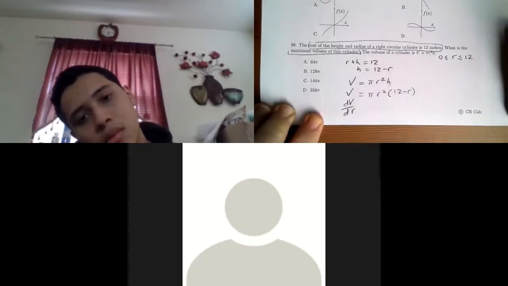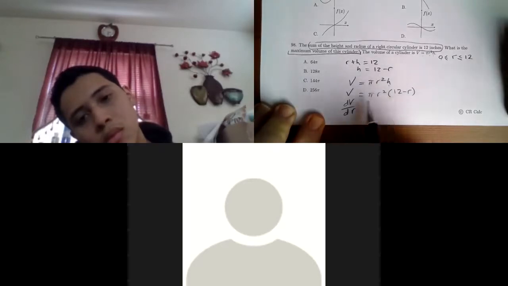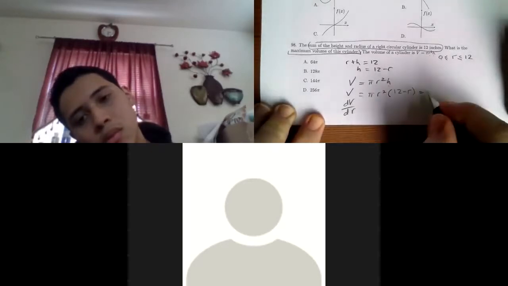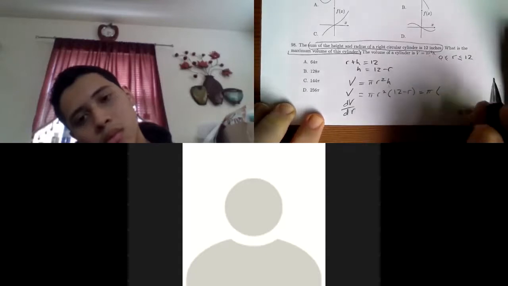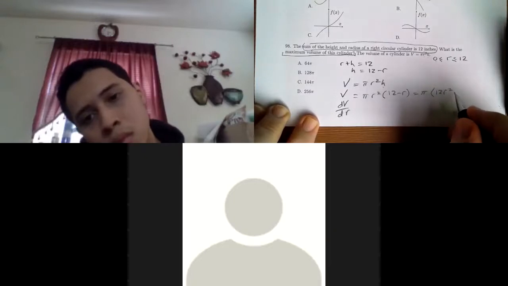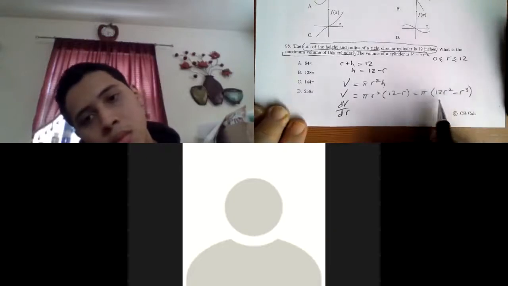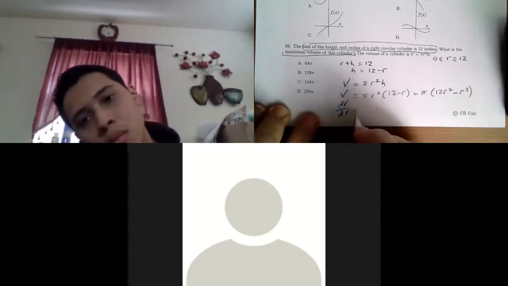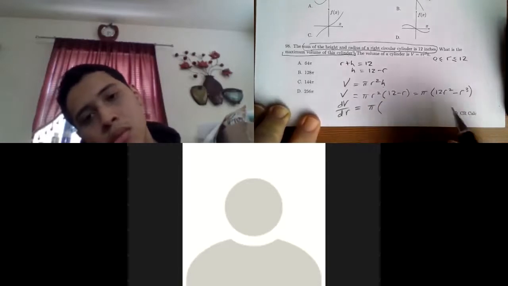We've got to take the derivative of this with respect to r, but I don't want to use the product rule, so let me distribute. I'll leave the constant outside because we know how to deal with that multiplication. It's a little bit easier to differentiate polynomials when they're multiplied out. We don't have to use the product rule. So dV over dr, pi is a constant multiple, comes along for the ride.